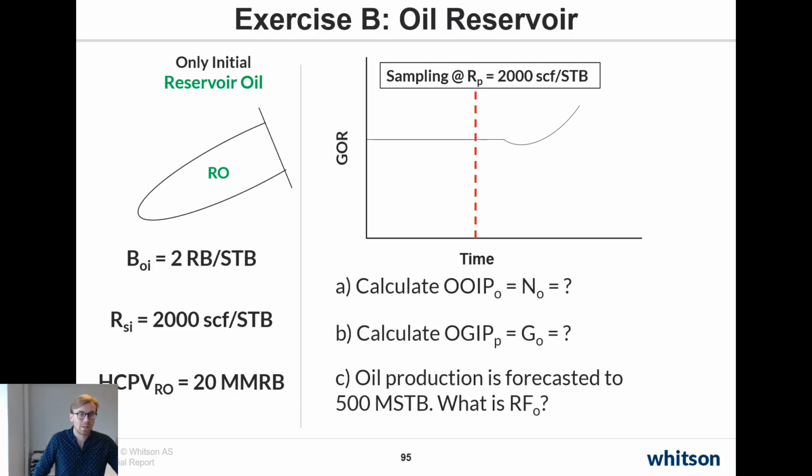And we've done sampling at a GOR that's constant, as given from the drawing ahead of us. And we will try to calculate the original oil in place, the original gas in place, and the so-called recovery factor of reservoir oil.